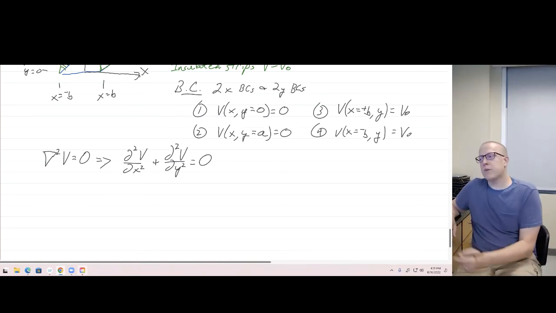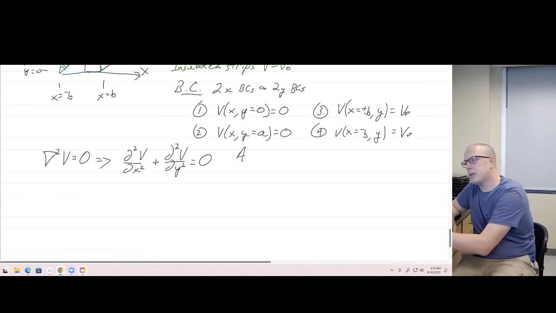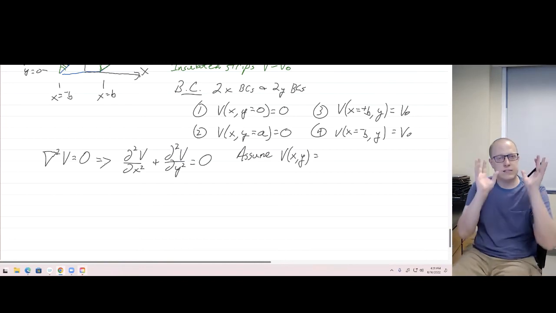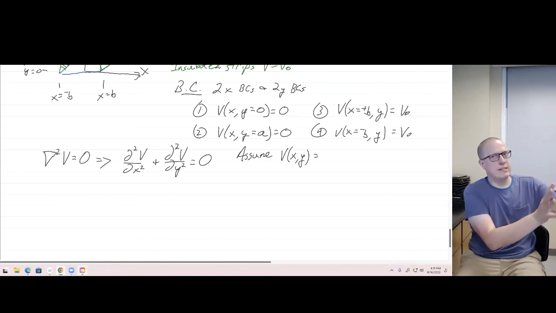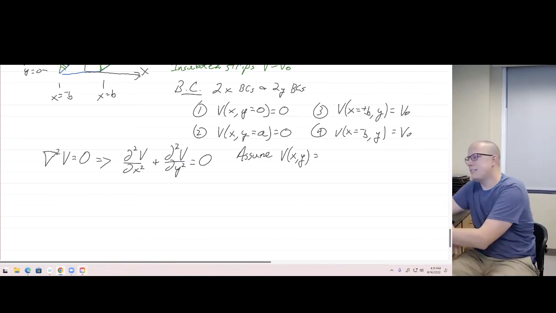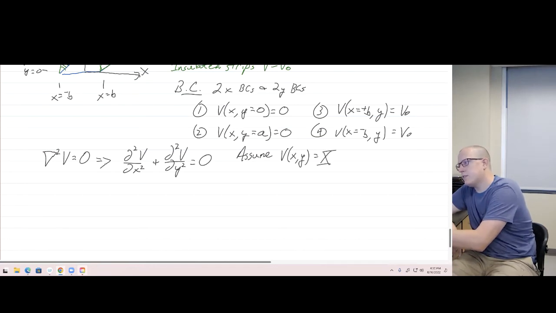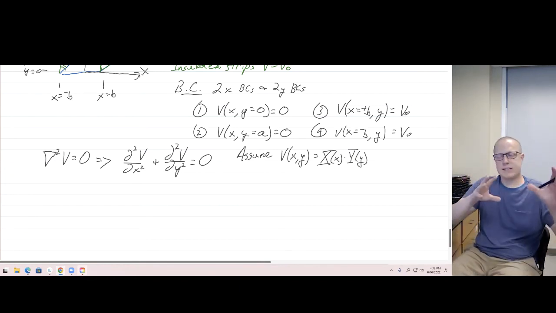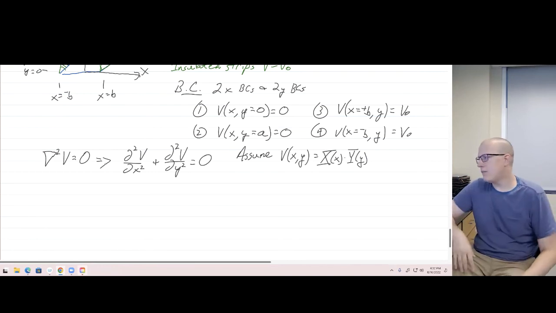And if you remember, we made the assumption that the potential as a function of x and y has a particular form: all the x stuff by itself multiplied by all the y stuff by itself. So I have X of x times Y of y, with the x stuff and the y stuff separated out.